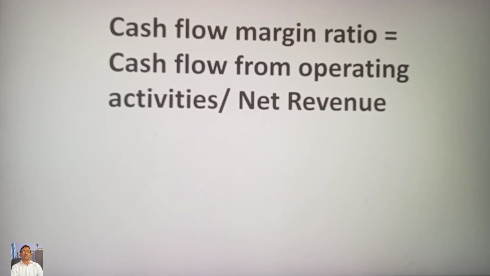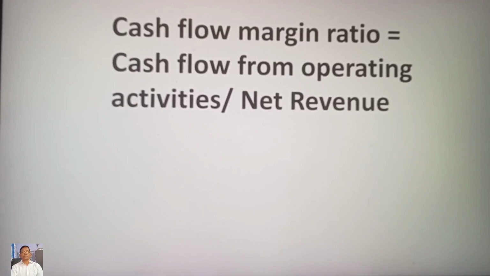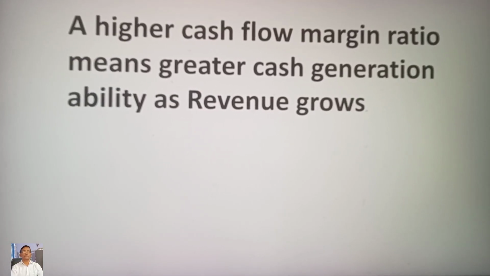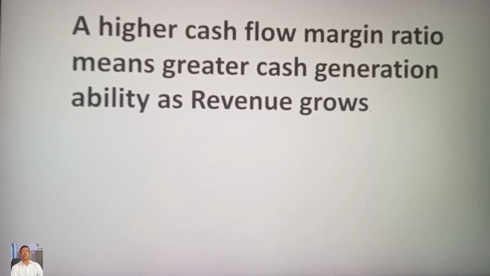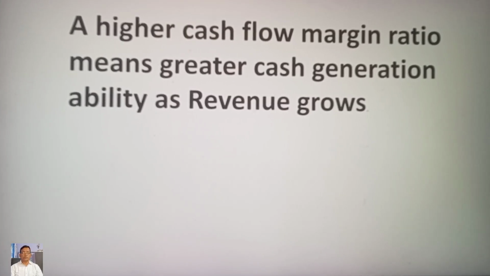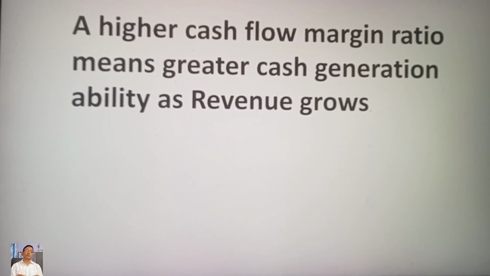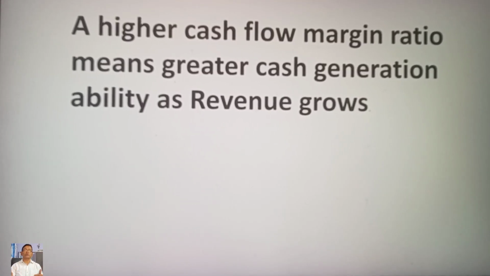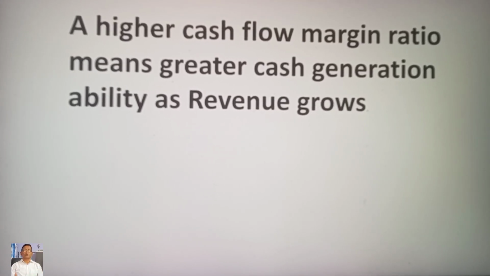Cash flow margin ratio is equal to cash flow from operating activities divided by net revenue. A higher cash flow margin ratio means greater cash generation ability as revenue grows, whereas a declining cash flow margin ratio indicates weaker cash conversion and potential issues with working capital or expenses.